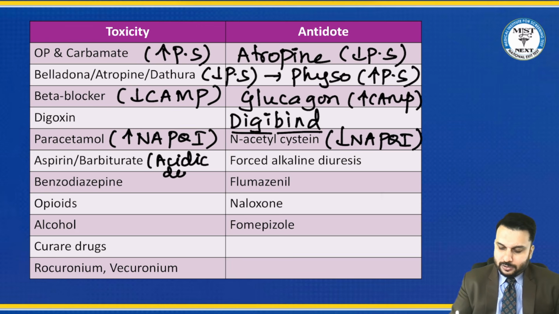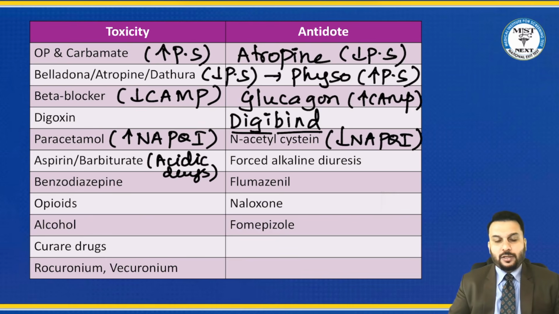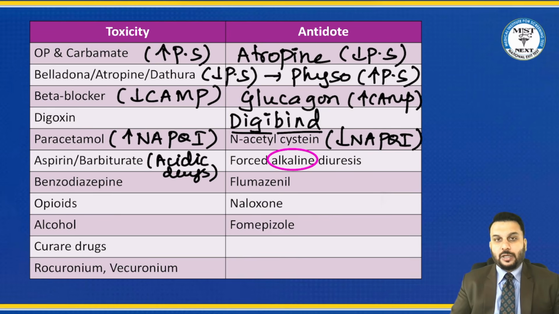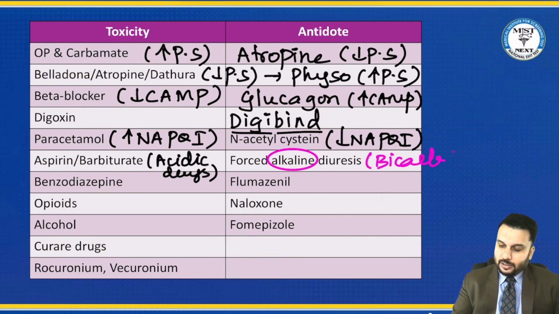Whenever an acidic drug doesn't have an antidote, how do we remove that drug? Make it uncomfortable by making the body opposite. What is that? Make the body alkaline. Acidic drugs are removed by alkaline diuresis. Okay, and this is done by giving bicarbonate to the patient. Bicarbonate is an alkali.